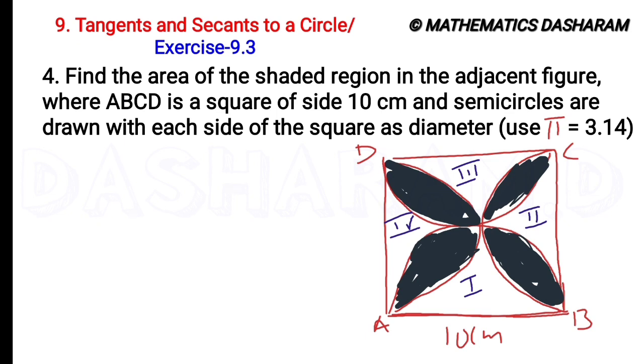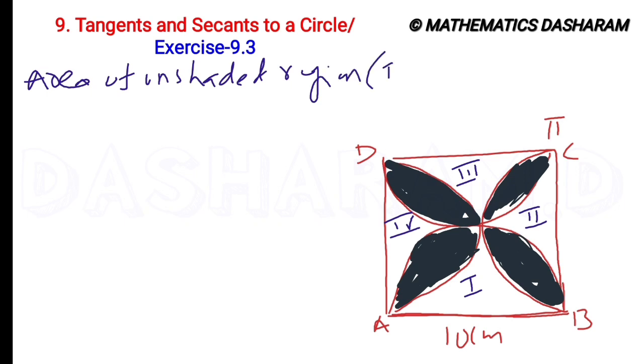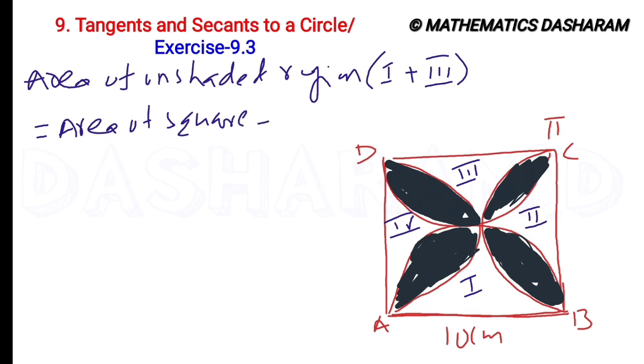So first of all, area of unshaded region in the bracket 1 plus 3. So we can find 1 and 3 unshaded portions combined. How is it possible? Area of a square minus 2 into area of a semicircle.